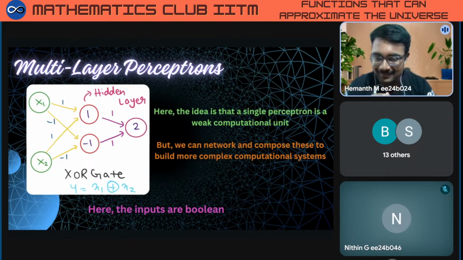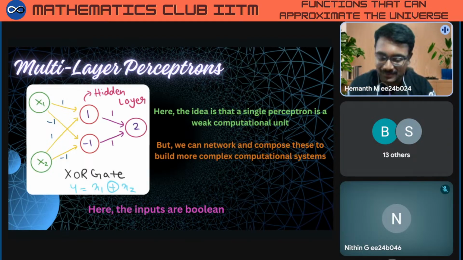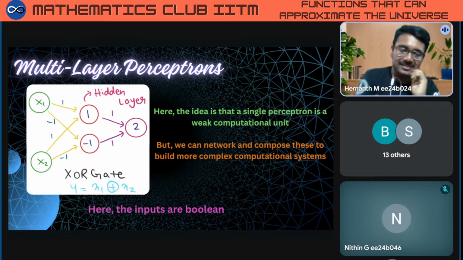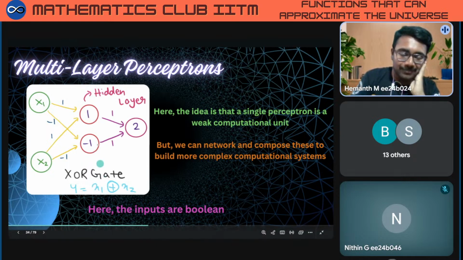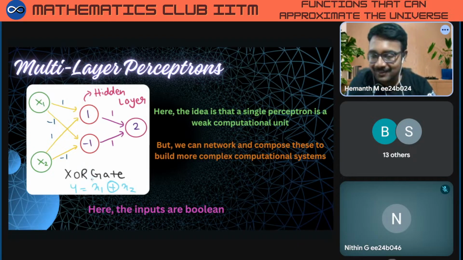So now you can take a minute to answer the question that I asked earlier: what if you have three inputs, x1, x2, and x3, and you want to model a three input XOR gate using a multi-layer perceptron of this kind? The question is, how many perceptrons do you need in the first hidden layer? Meaning, you have three inputs here. How many perceptrons do you think you require in this first hidden layer to model this three input XOR gate?